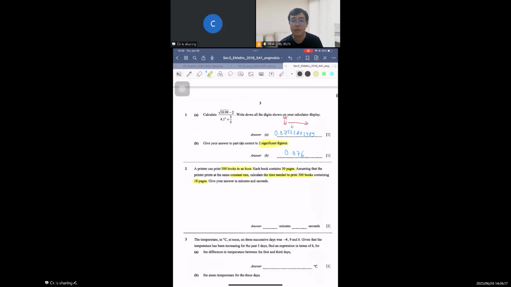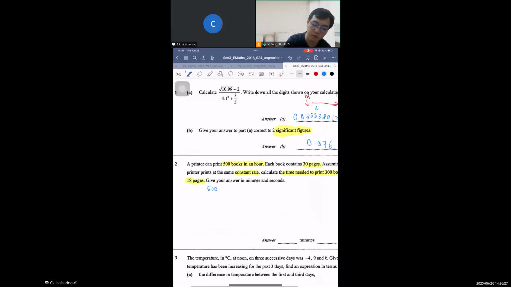So the first step is we're going to calculate the printer rate in terms of pages per hour. So we write down 500 books per hour.